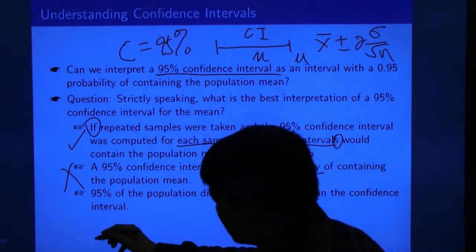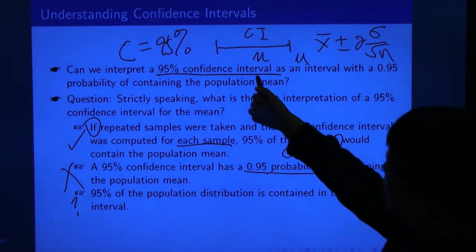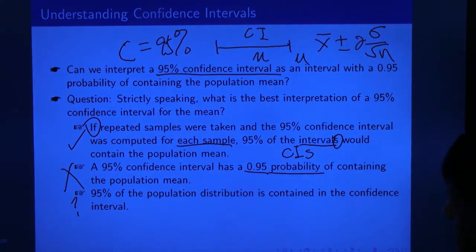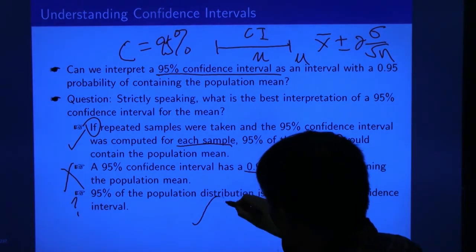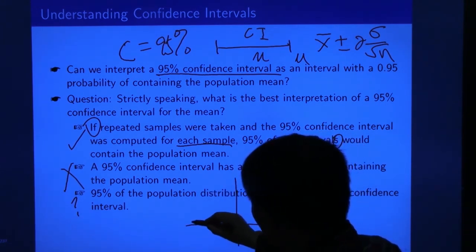Okay, the next one, let's check this one. 95% of the population distribution is contained in the confidence interval. What does that mean? We have one confidence interval. It says 95% of the population distribution. Okay, the population distribution may look like this.